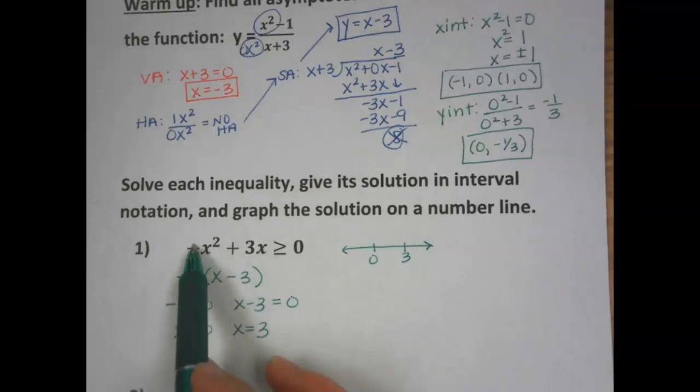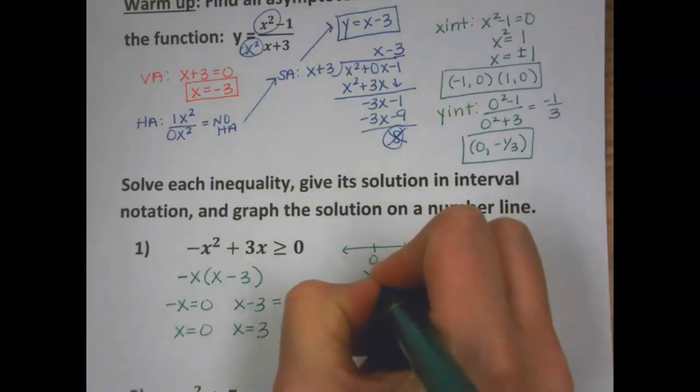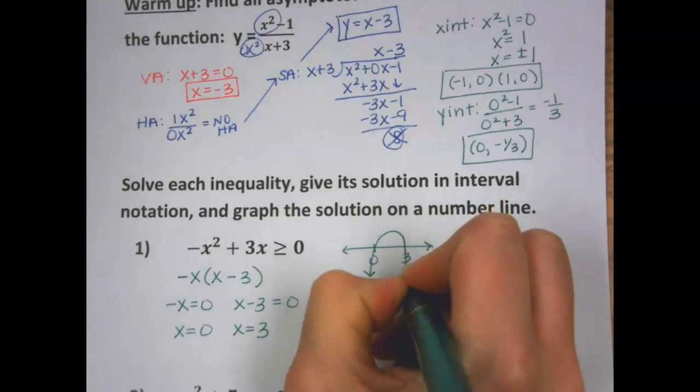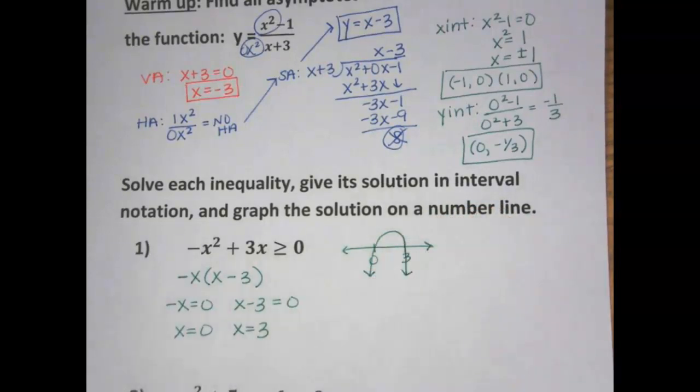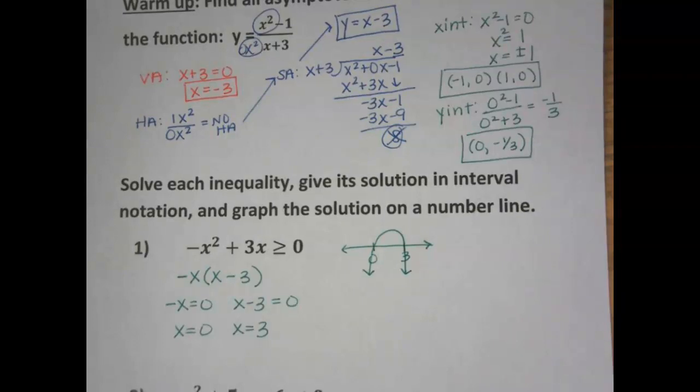Also, hopefully, because we studied transformations, when you see this negative, you know that that's a reflection over the x-axis. So here we have a parabola reflected over the x-axis, or in other words, a parabola that opens down. So you're going to draw a quick sketch of a parabola opening down that goes through the 2 points that we just located.